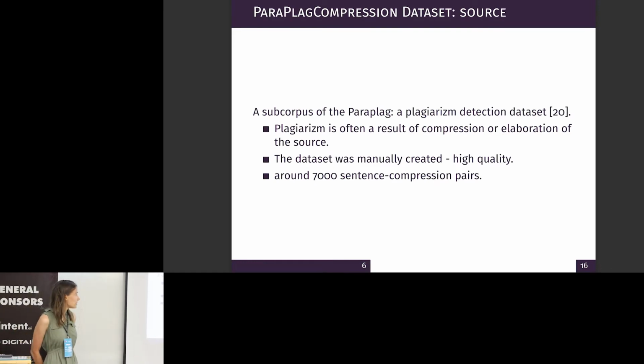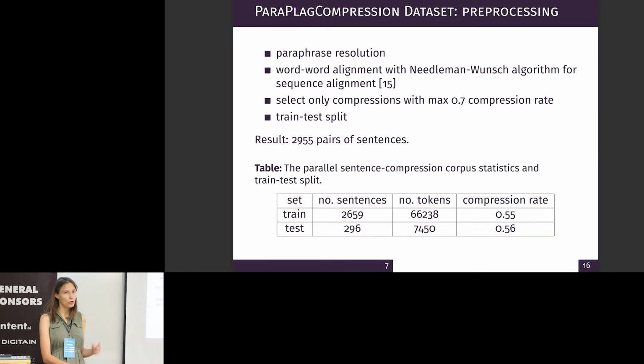So how did I create this dataset? I used a plagiarism detection dataset as a source. The plagiarism detection task is a common one, so many languages have plagiarism detection data, and paraphrase data could also be used. Often a paraphrase is the result of elimination or otherwise enlarging of the source sentence.